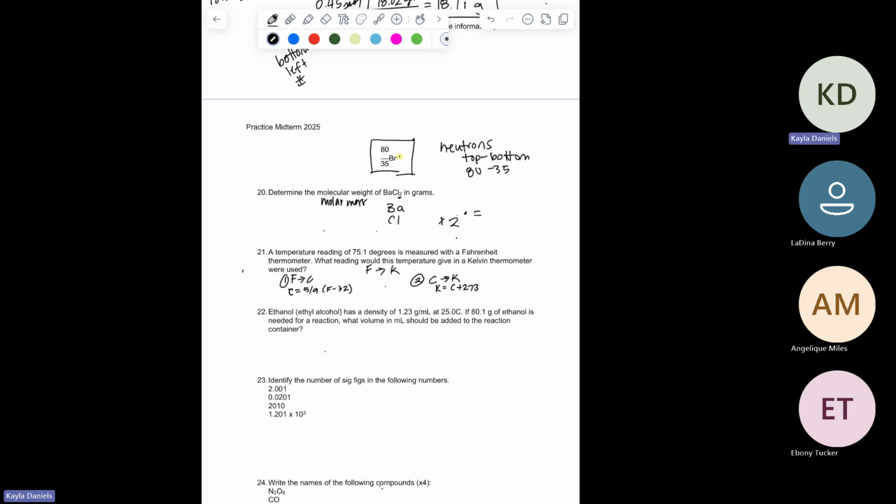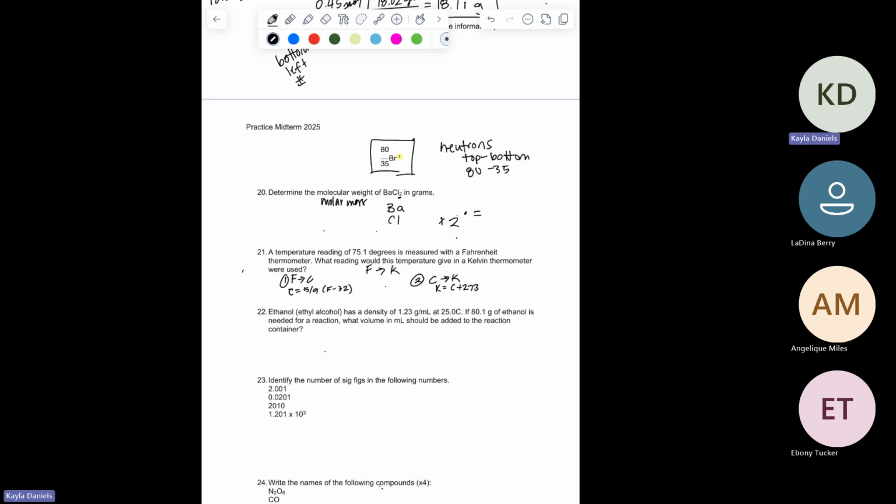I'm going to find this from the periodic table. I don't think I have a periodic table in my little notes here, so I'm going to go to Google real quick. Barium, Ba. Where is Ba?